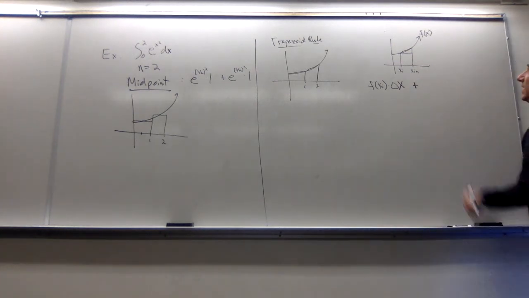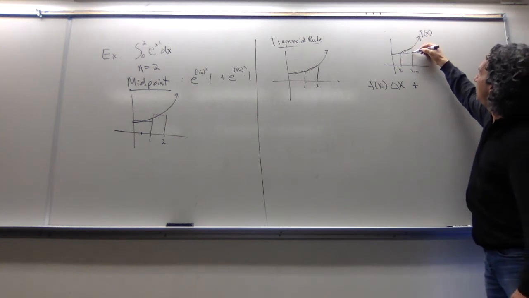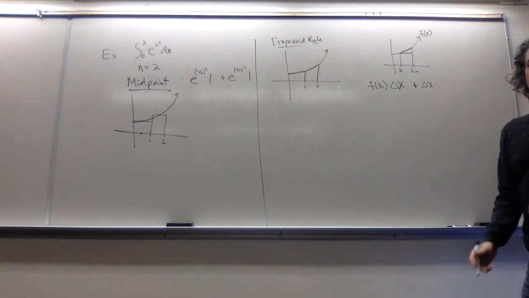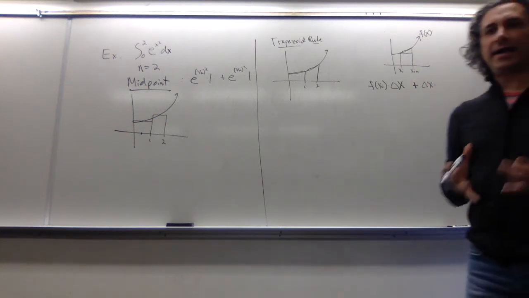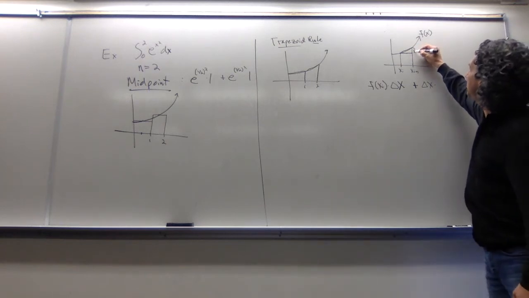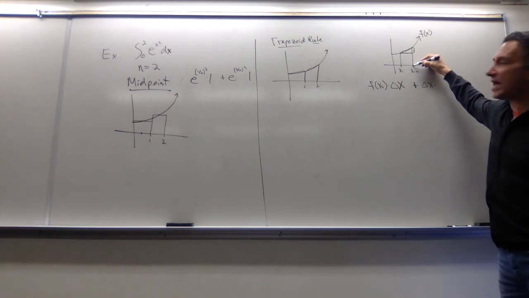Plus, we need the base of this triangle. So the base is delta x times the height of the triangle. So how do we get the height of that triangle? So we want this guy. Well, this total distance is f of x sub i plus 1.